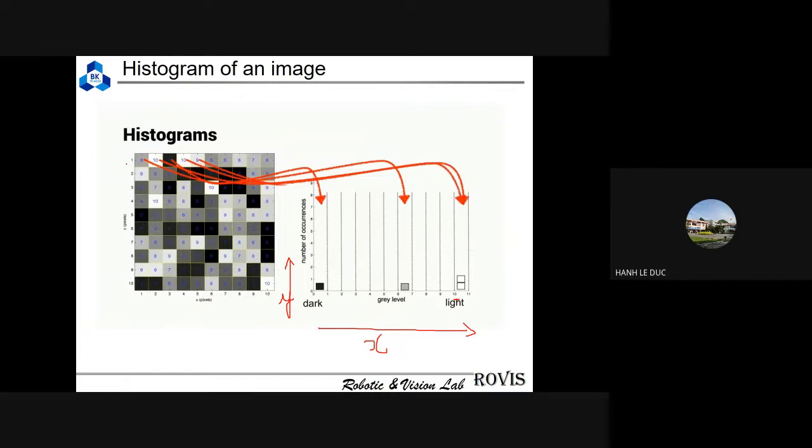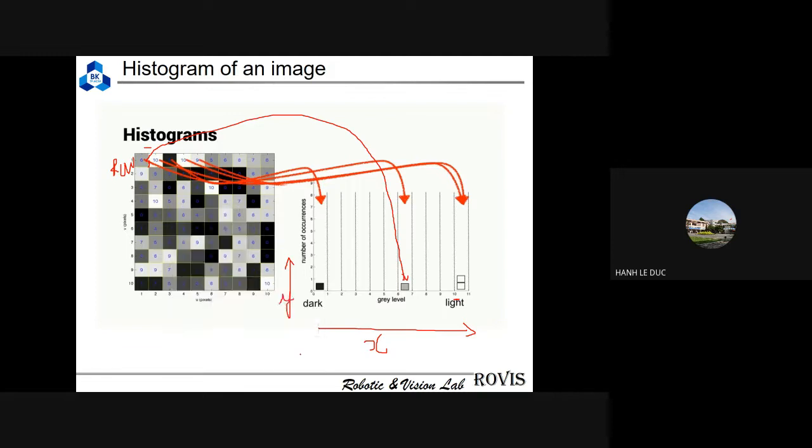They scan the image, lock the row, and then scan the column. So when they scan to here, the intensity number 6, they will put it into 6, and then 10 put to 10, another 10 put to another. So this is a number of occurrence, some kind of number of pixels.